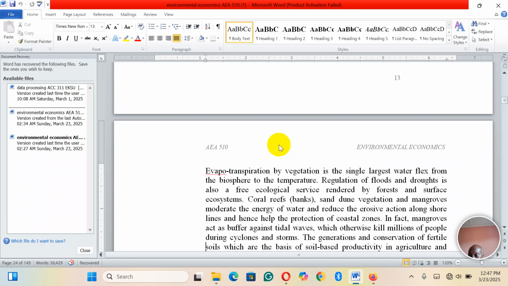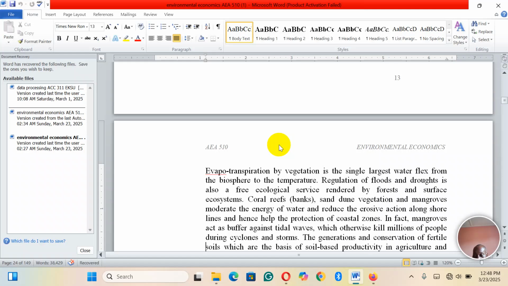So regulation of floods and drought is also a free ecological service rendered by the forest and surface ecosystems. Coral reefs, sand dunes, vegetation, and mangroves moderate the energy of water and reduce the erosive action along shorelines, and hence help the protection of coastal zones.